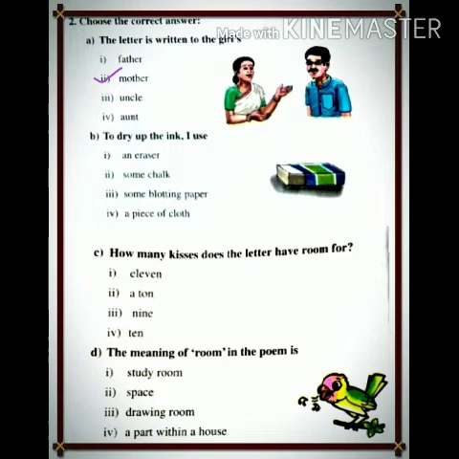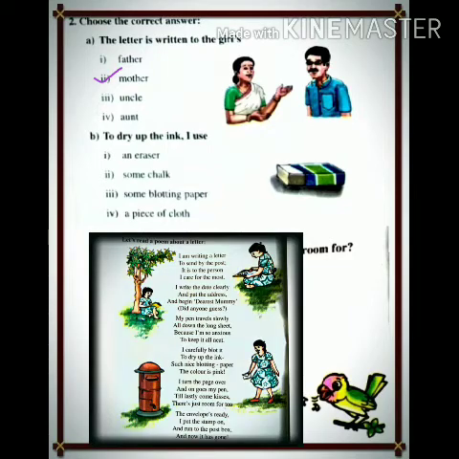Question B. To dry up the ink, I use: an eraser, some chalk, some blotting paper, a piece of cloth. Now let's see in the poem what will be the correct option. Look at the fourth stanza. I carefully blot it to dry up the ink. Such nice blotting paper, the color is pink.